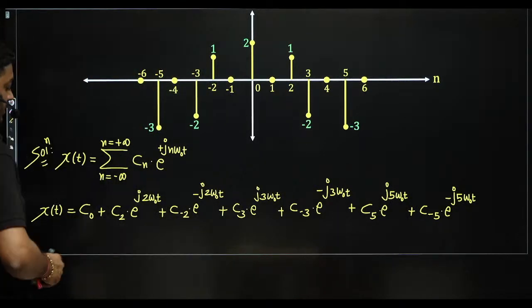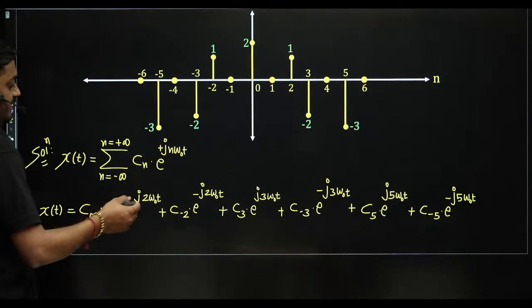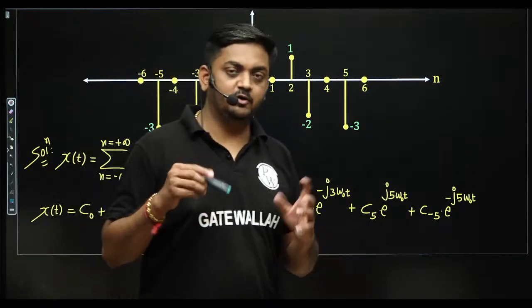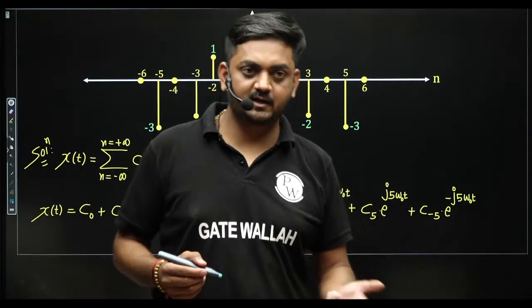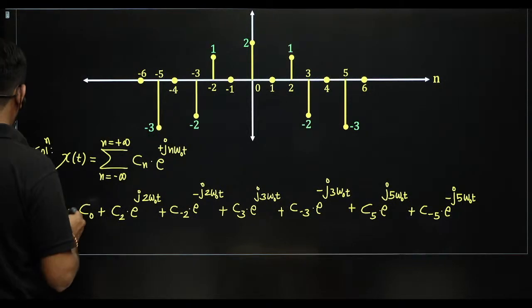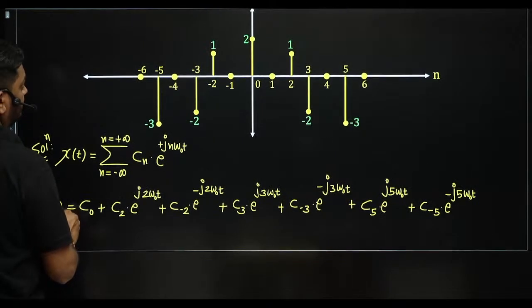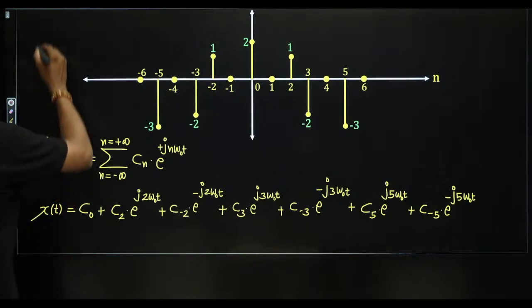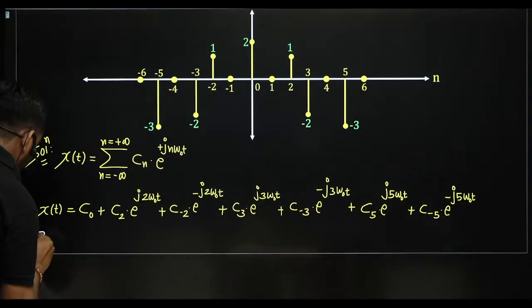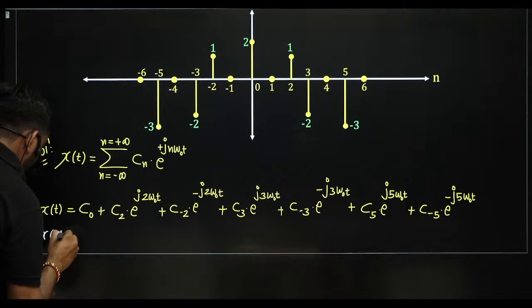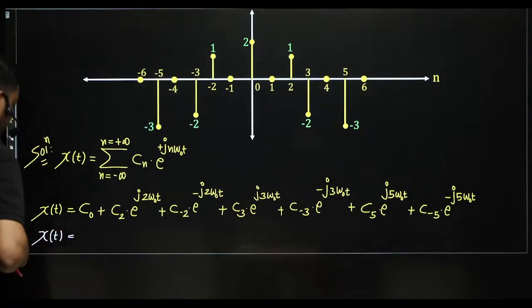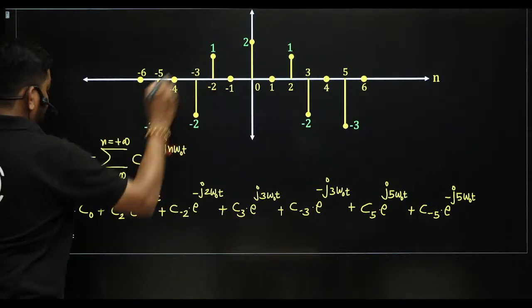Okay, now you can put the values of c0, c2, c minus 2, and then you can convert it into sine or cos, guys, correct? So all of you see here. Now put the values of c0, c2, and so x of t is equal to c0. What is the value of c0? It is 2, guys.